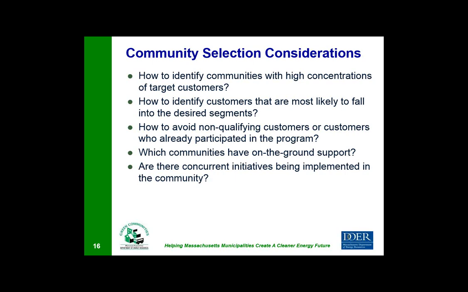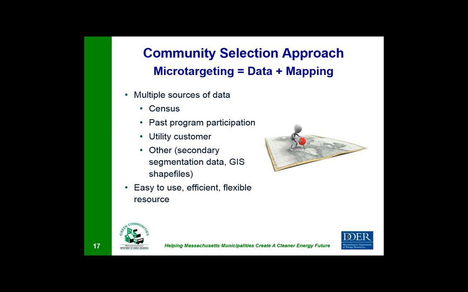So next up, with these objectives as the background, we engaged in a community selection process that combined a large amount of data with some mapping techniques to help us identify the communities that the program should target. Similar to other utilities across the country, Massachusetts PAs really have a variety of data sources about the customers, and we could use these data sources for our targeting.